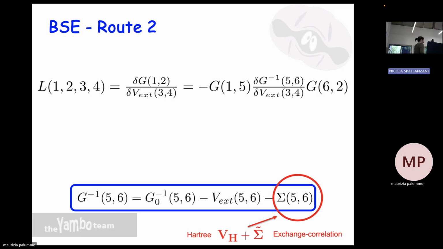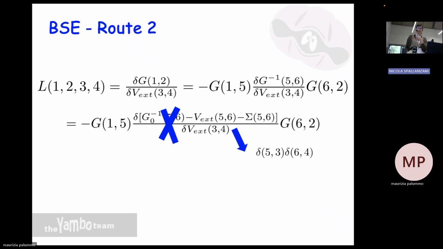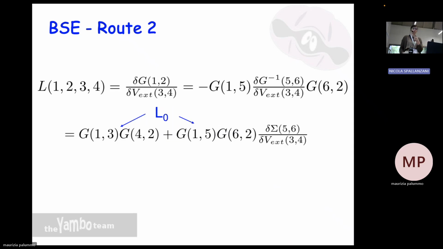So everything beyond the independent, non-interacting problem. If you substitute this for G minus 1 and do the functional derivative, G0 clearly does not depend on the additional external potential that I included, so I can neglect it. This term is a delta, and what we obtain is an L0 and this term here.